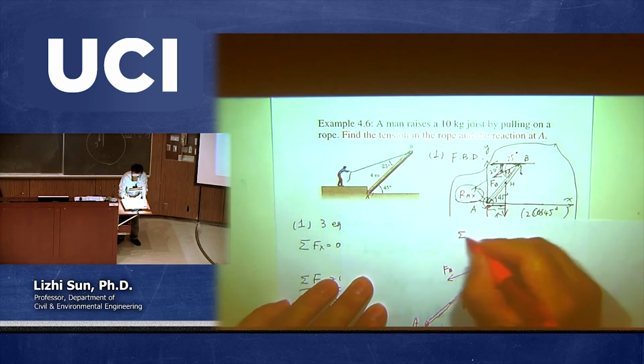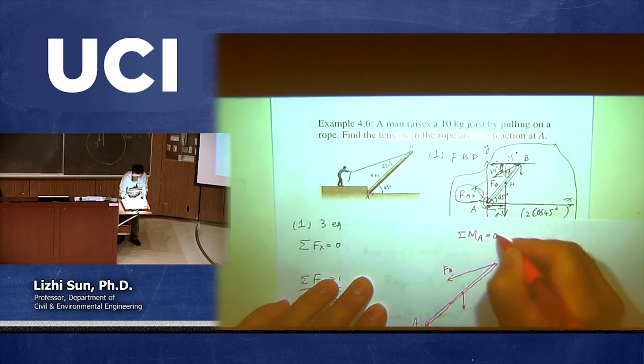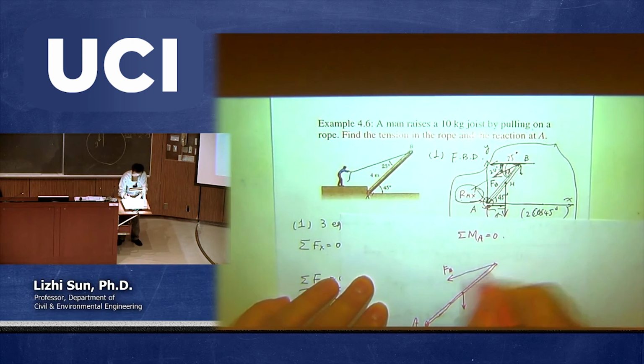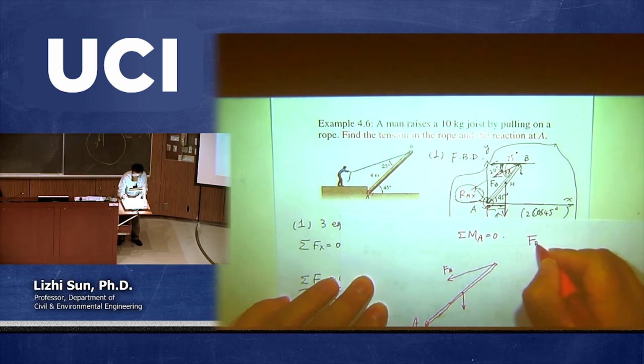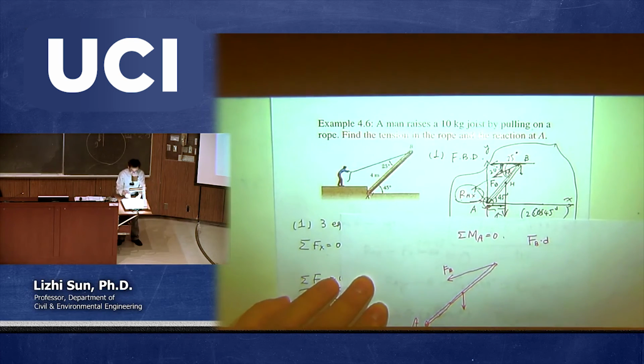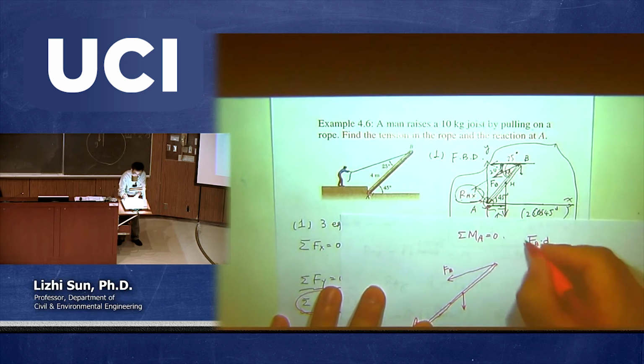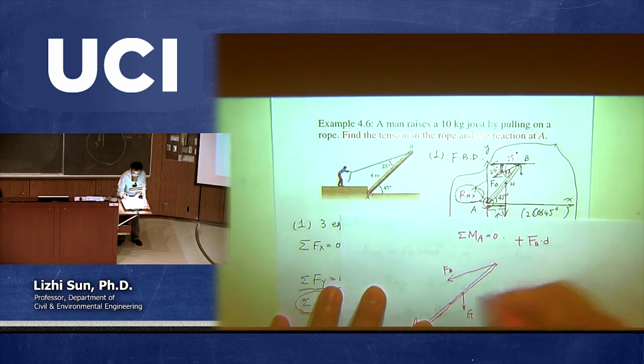So let's collect all the moments at point A and set the sum equal to 0. Number one, FB needs to be times d. And if you hold this point A, FB should be counterclockwise, so it's positive. This is G. G is clockwise, so negative G times another d for this one, and that equals 0.